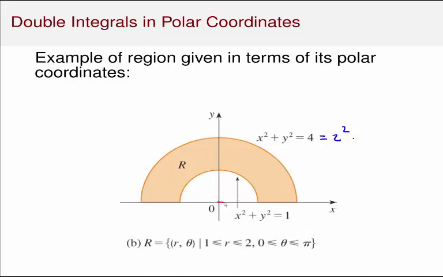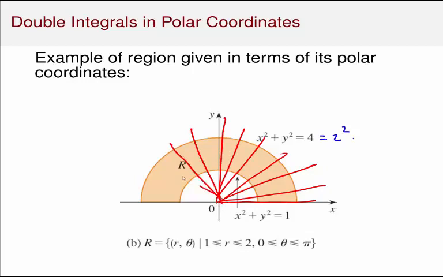It seems that we have to start with this one here, and slowly, by increasing the angle, we are having rays cutting through the region R. And finally, we have to stop when we reach the negative x-axis. This is because beyond this point, our ray will not be intersecting the region, and hence theta varies from 0 to pi.